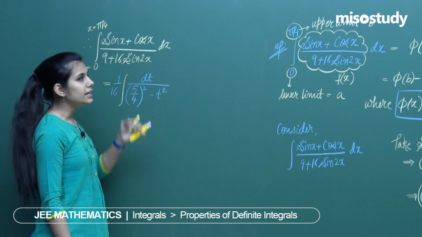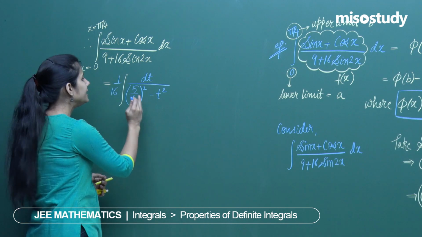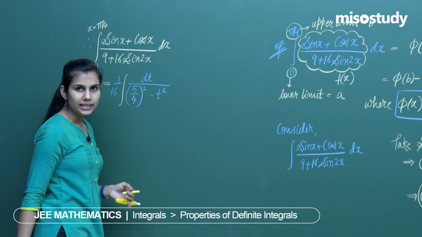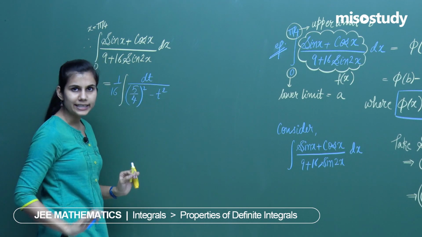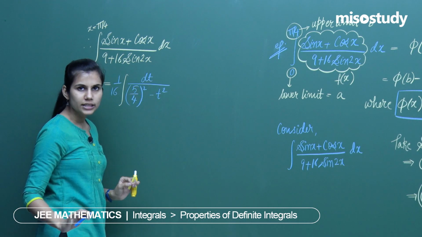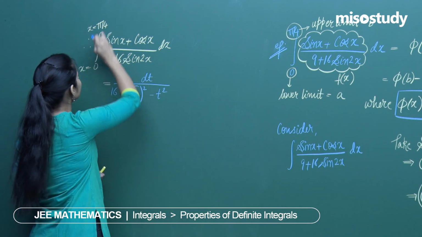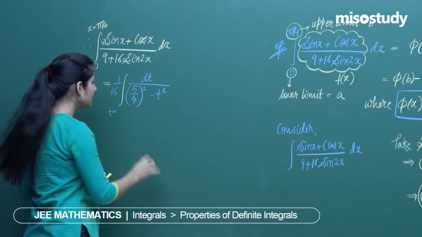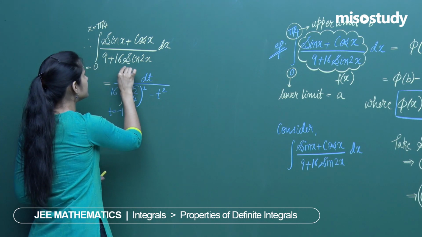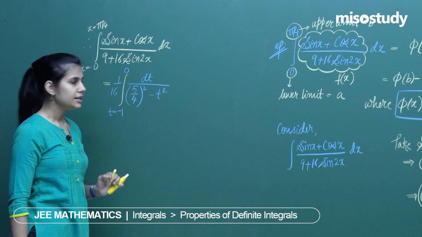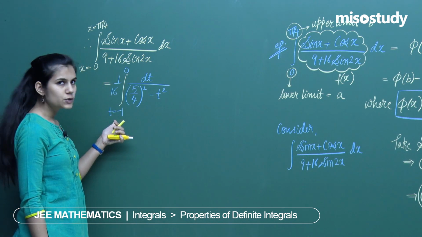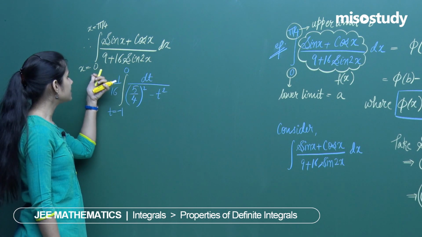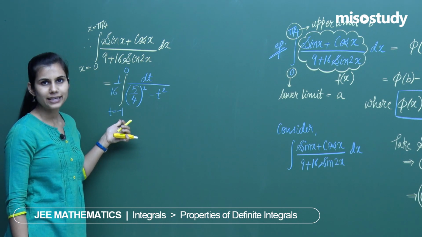What about the limits? When the integrand is changed in terms of t completely, this is the simplified integrand, this is my differential in terms of t. If x is varying from 0 to pi by 4, t is varying from minus 1 to 0. When x was 0, t was minus 1. So, if the lower limit in terms of x is 0, lower limit in terms of t will be minus 1.